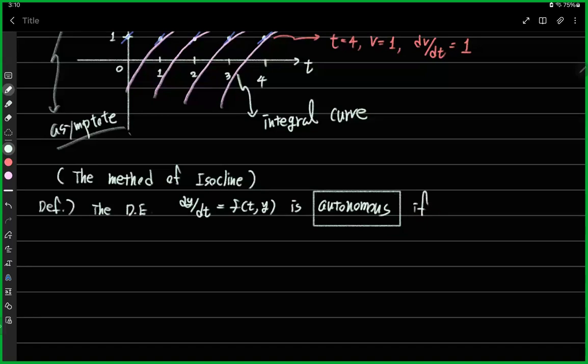Autonomous means that f of t comma y only depends on the unknown function. So if f of t comma y does not depend on t, and here t is what? The independent variable, right?